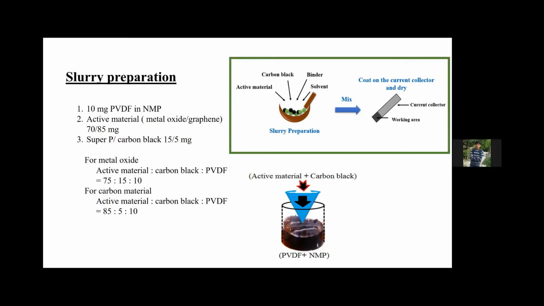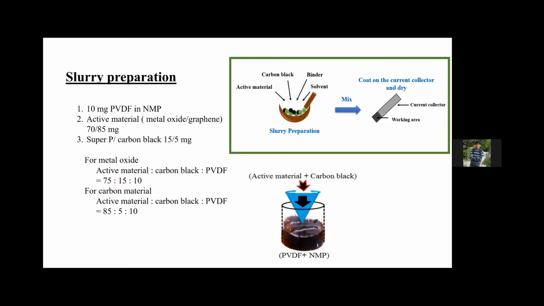The four components are: one is active material, that means the material which we synthesize, and next one is carbon black, and then the binder, and a solvent to make a good slurry.